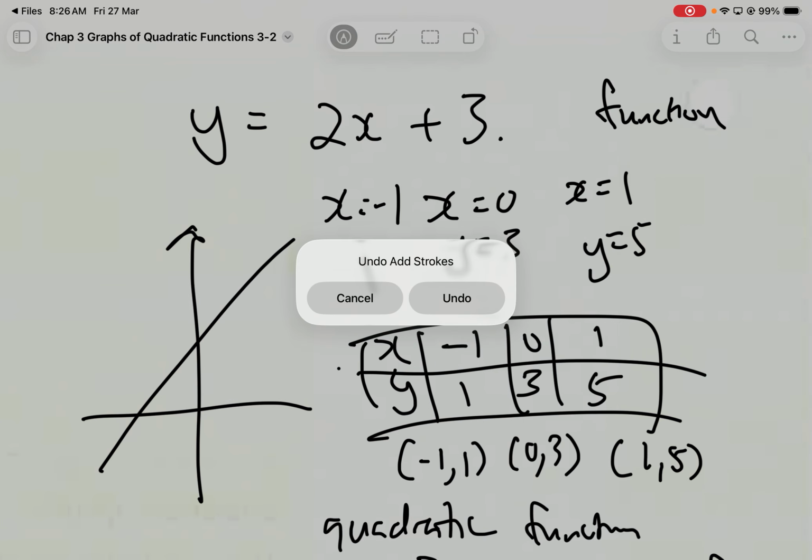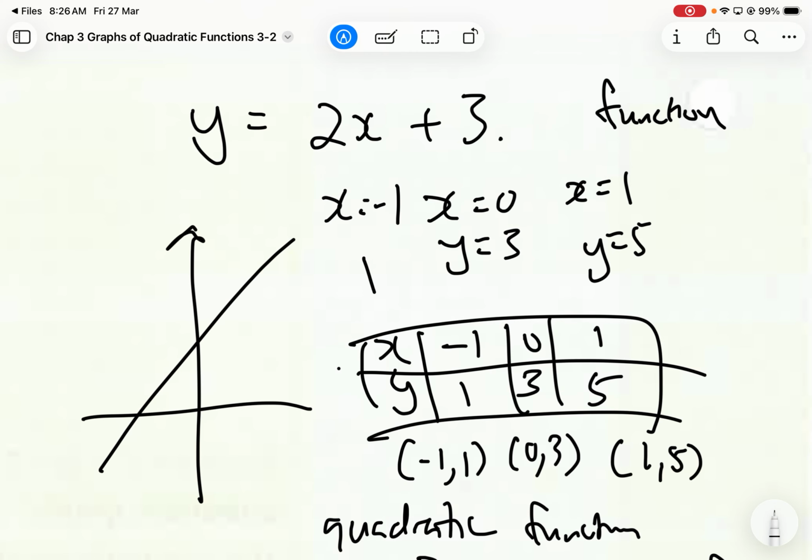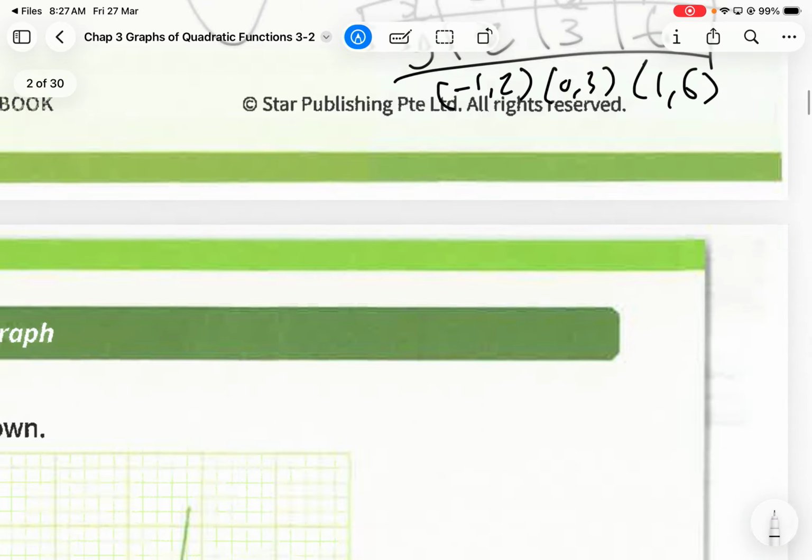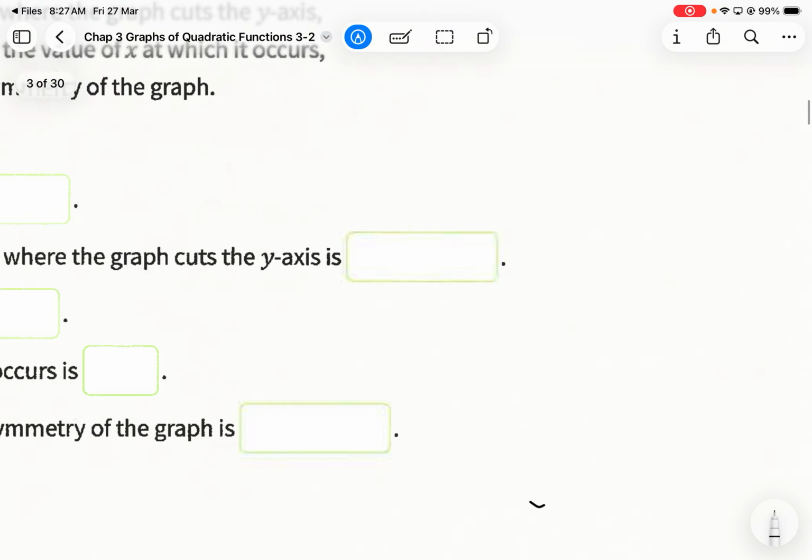Okay. If you recall, when we plot this straight line, it represents all the points here. When x is 0, y is 3. When x is 1, y is 5. When x is negative 1, y is 1. But these are not the only 3 points that satisfy this equation. Every point will balance this equation. So that is the same case when we have a quadratic.